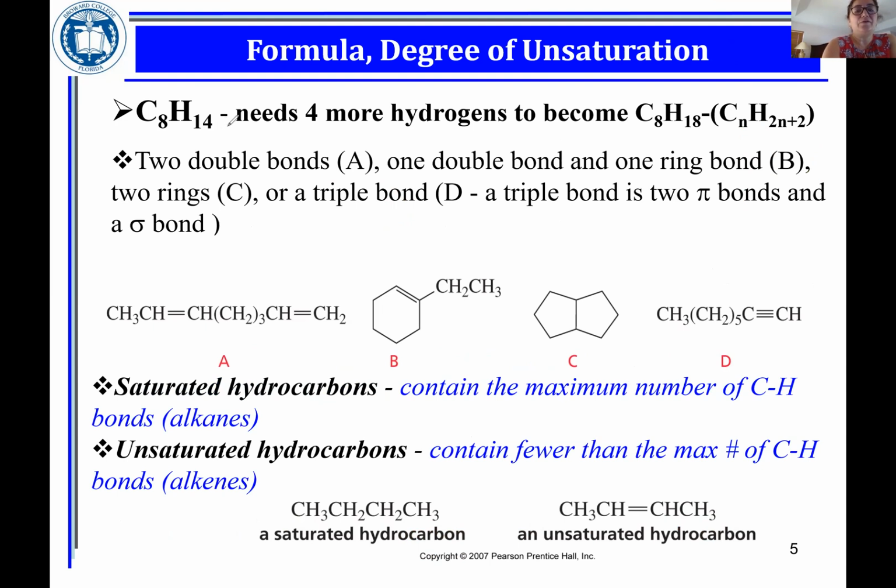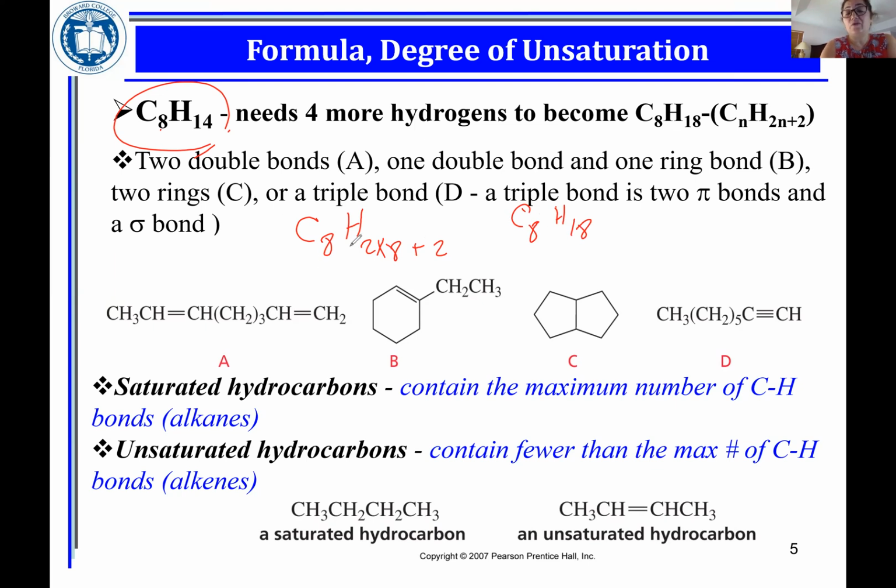For example, if you have C8H14, you have to compare that to C8. If you have 8 carbons, it is going to be 2 times 8 plus 2, and that would be 18. So 18 hydrogens are needed to saturate this.